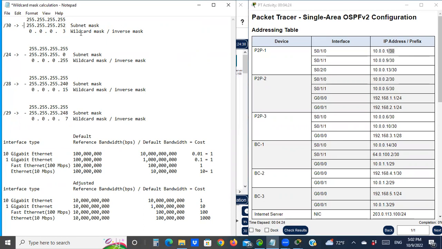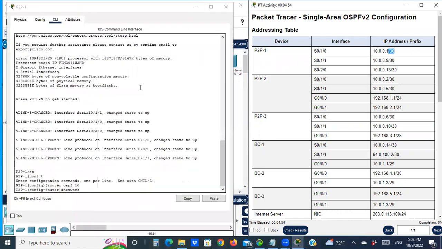In order to get an inverse mask, we need to subtract the subnet mask from 255.255.255.255. So the inverse mask of /30 is 0.0.0.3.